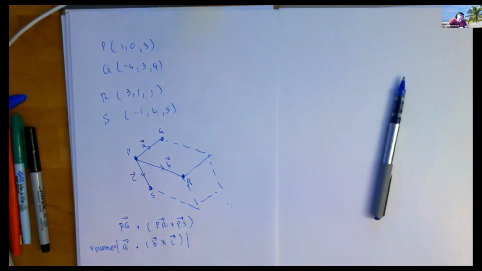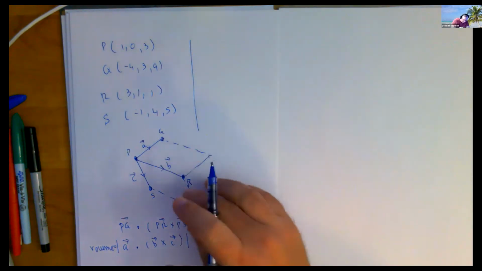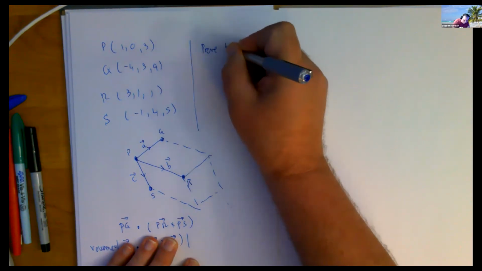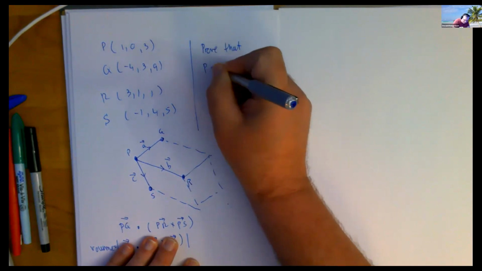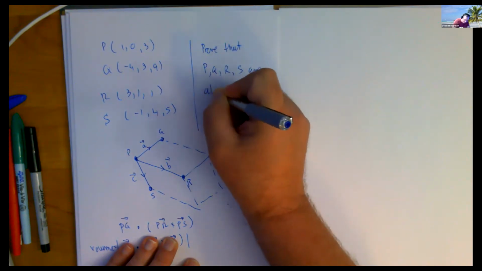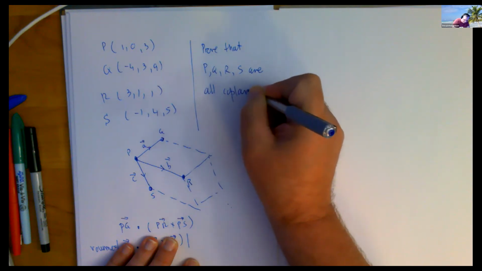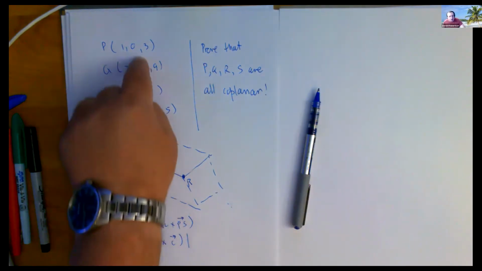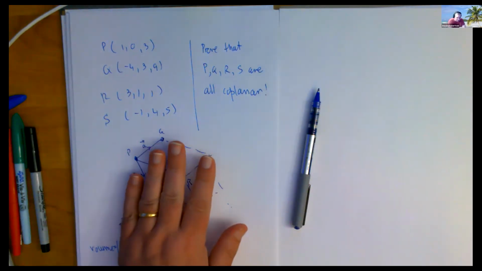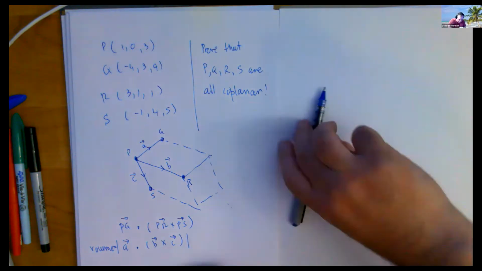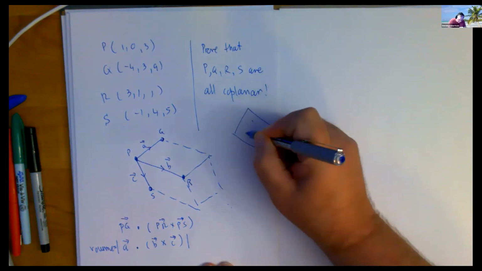Okay. Now, they could have turned this question on its head and not even asked you to do that. They could have asked you this instead. In this particular question, it won't work, but imagine a different P, Q, R, and S. Prove that P, Q, R, and S are all coplanar, which means that all 4 points are on the same flat piece of paper.